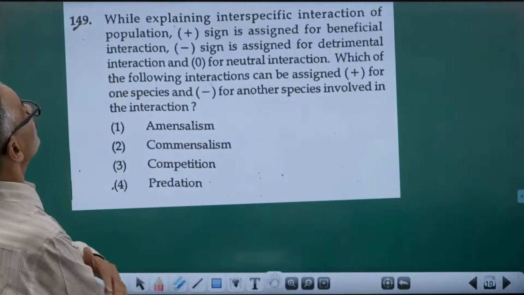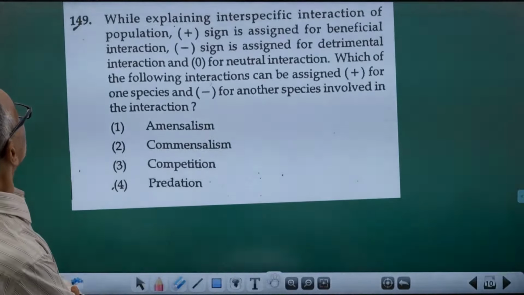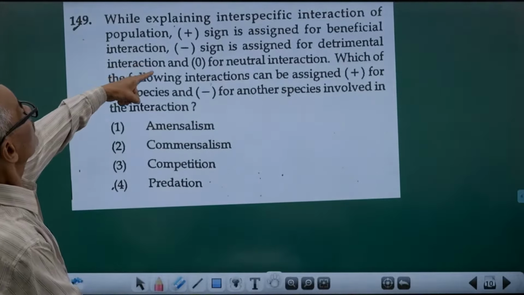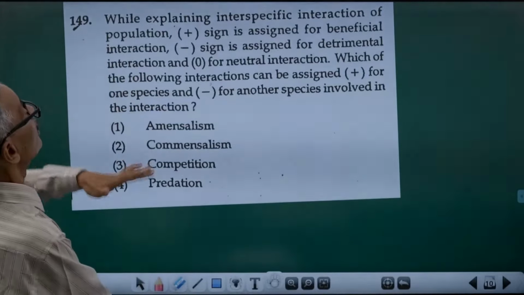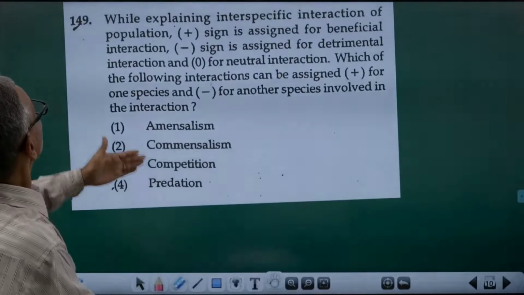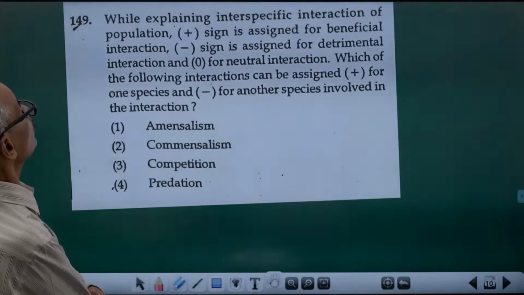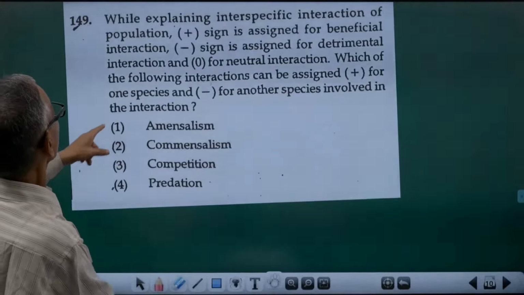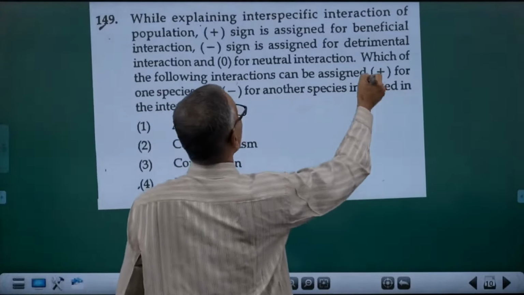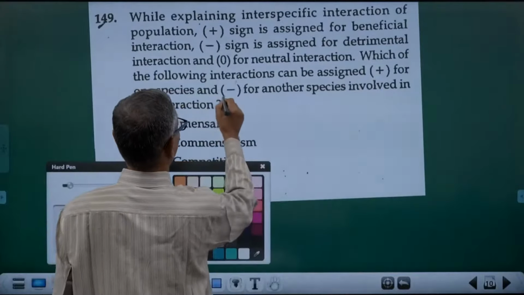While explaining the interspecific interaction of a population, plus sign is assigned for beneficial interaction, negative sign for detrimental or harmful, and 0 for neutral interaction. Which of the following interactions can be assigned for one species plus and another one minus?